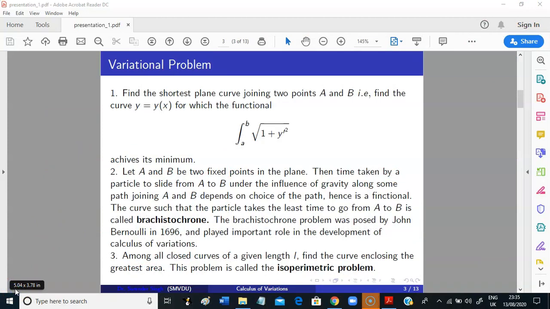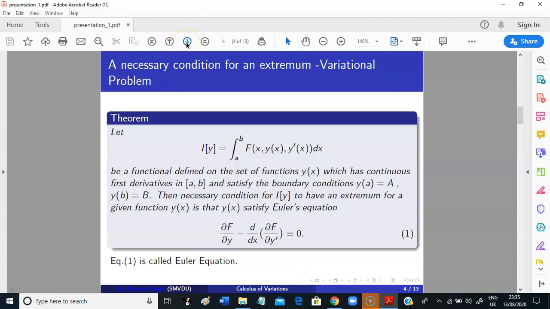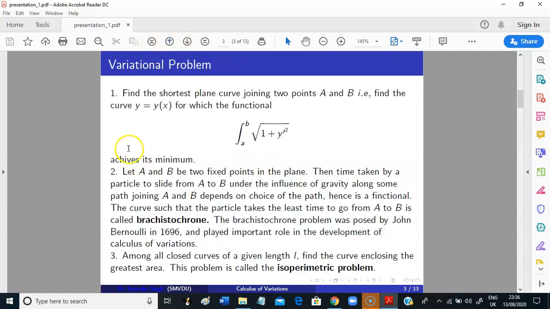So next is the necessary condition for the existence of an extremum in a variational problem. Existence of extremum means, in the problems described earlier, there were two kinds of problems.